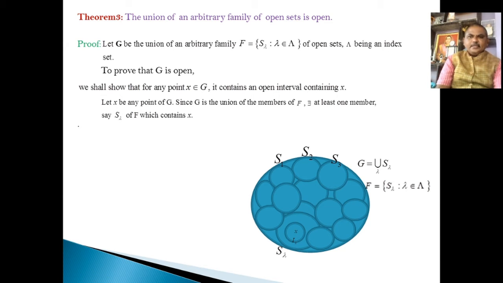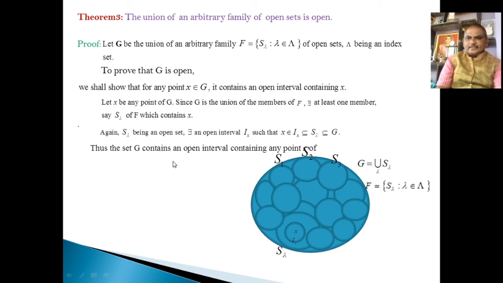Let x be any point of G. Since G is the union of the members of this family, there exists at least one member S lambda of this family which contains x. Since S lambda is an open set, by the definition there exists an open interval Ix such that x belongs to Ix, a subset of or equal to S lambda, which is a subset of or equal to G.